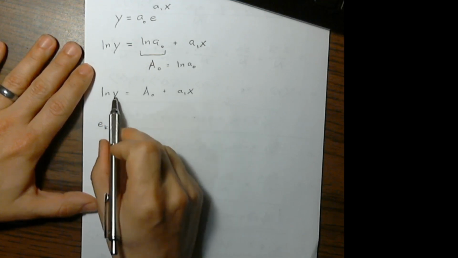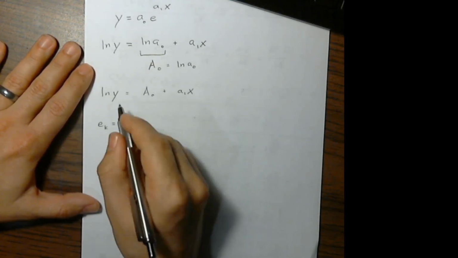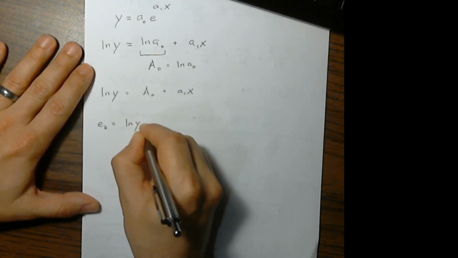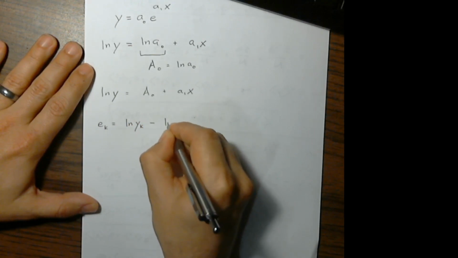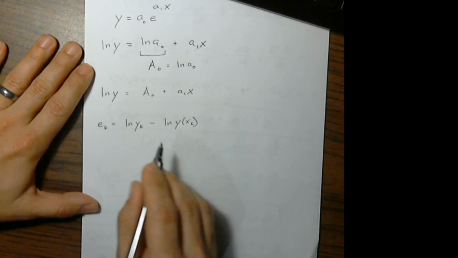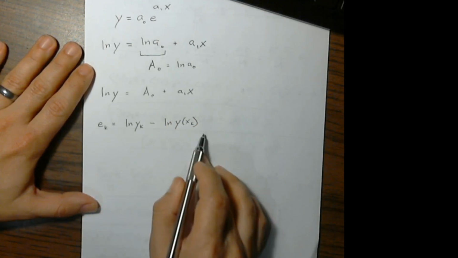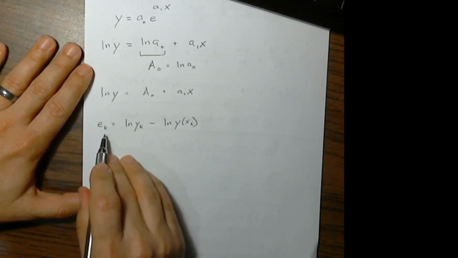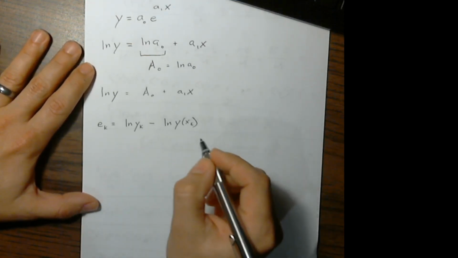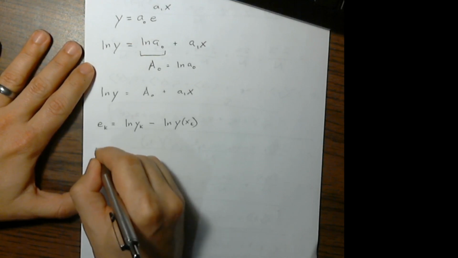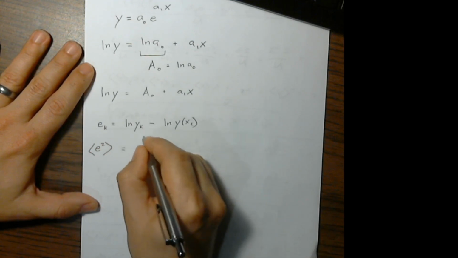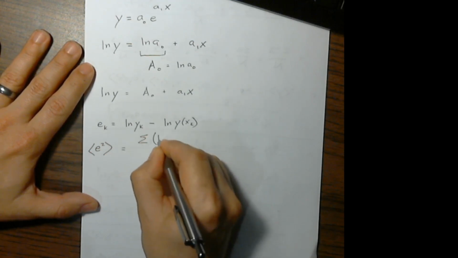I'm going to choose to define my error function now based on changes in natural log of y. So for example, I would do this. And this will work. What if I define my error this way? So, lovely. Then my error squared expected value is this.